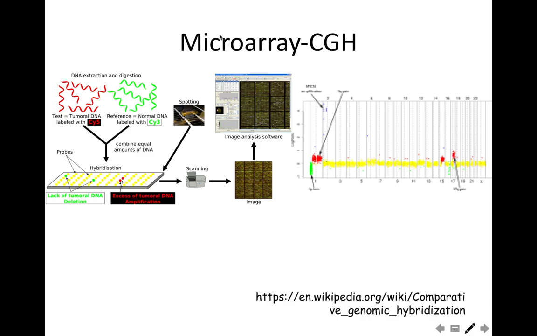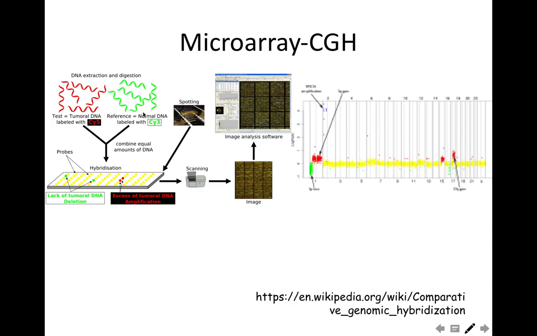The final type of molecular cytogenetics is called CGH, and CGH stands for comparative genomic hybridization. Why do we call it a microarray? Because here the probes of the chromosomes, the 23 chromosomes, are present on a glass slide and stuck to it.